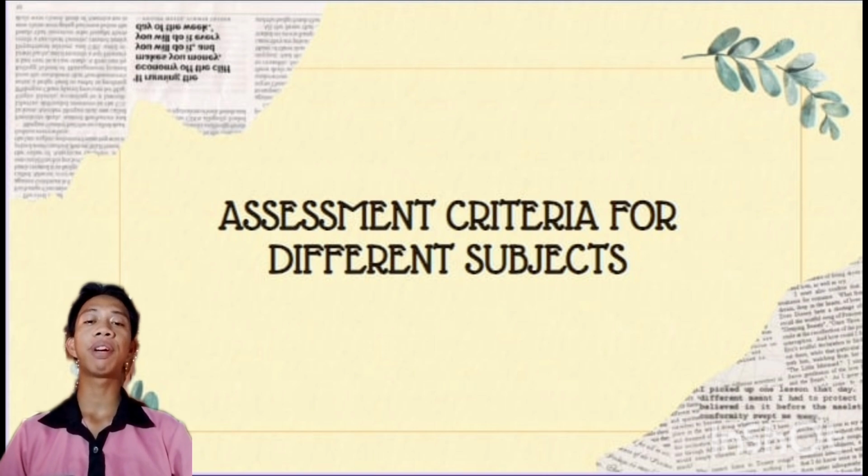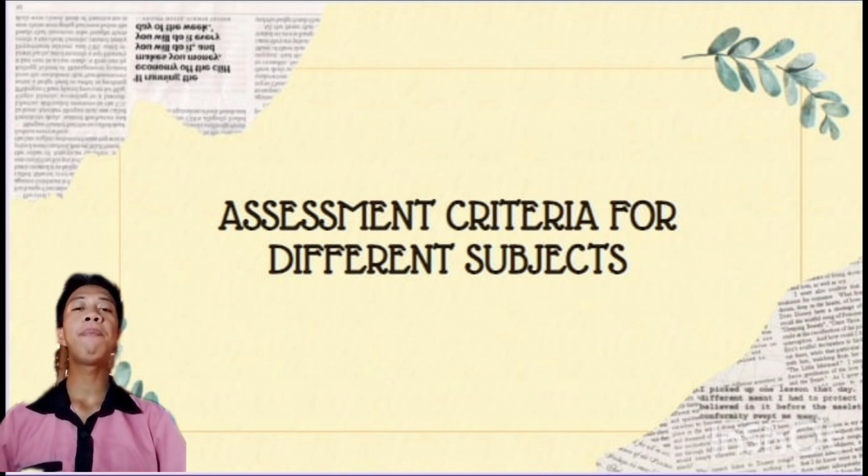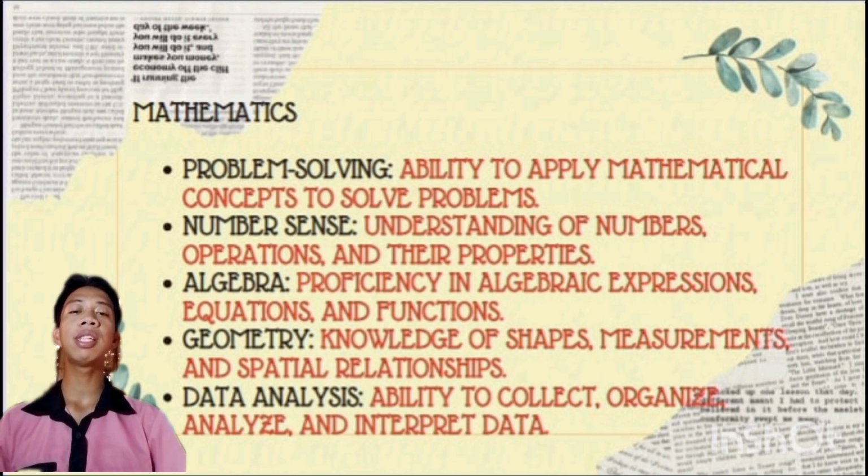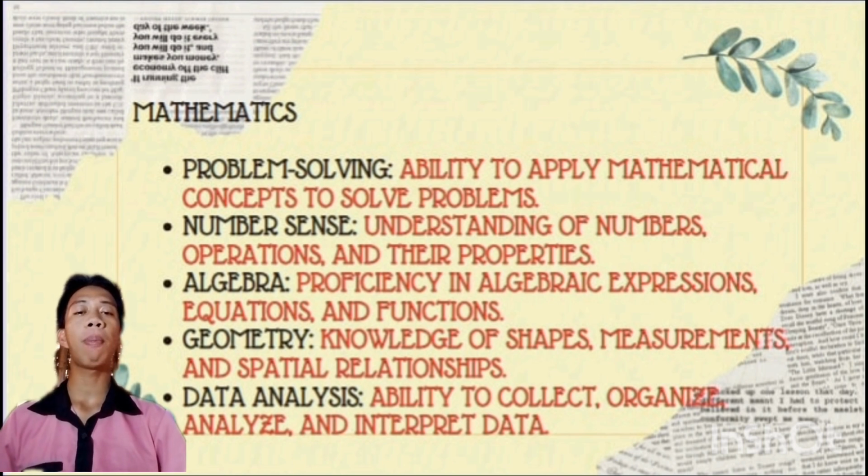Assessment criteria for different subjects. These are examples of criteria in mathematics. Problem solving: ability to apply mathematical concepts to solve problems. Next, number sense: understanding of numbers, operations, and their properties.